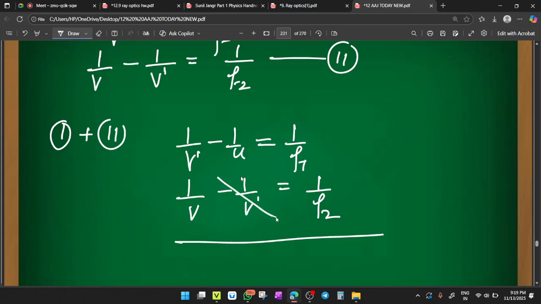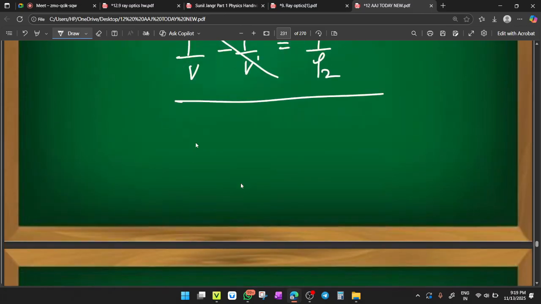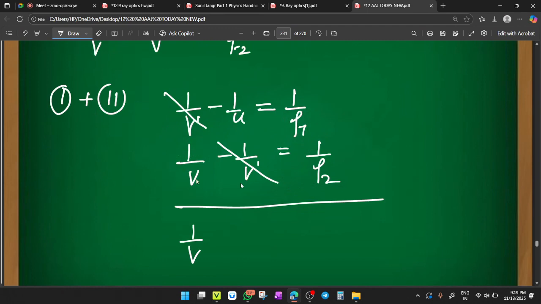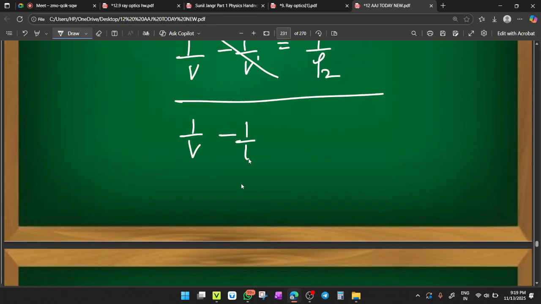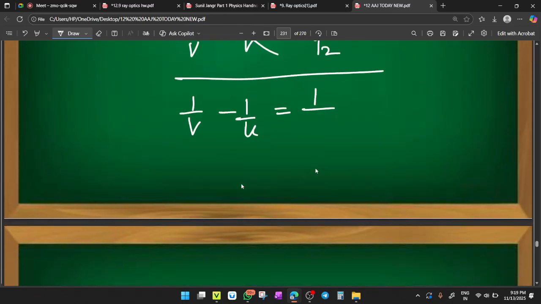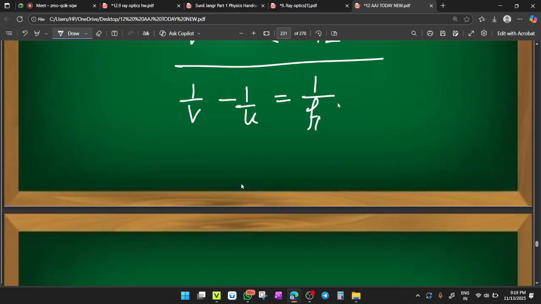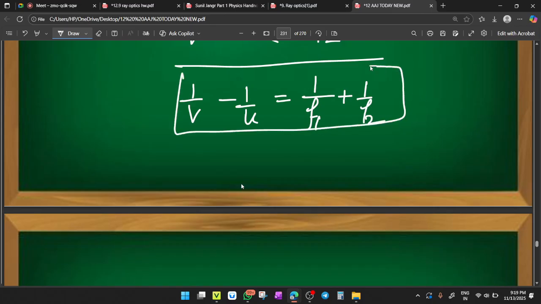So this 1 upon V dash and this get cancelled out, and 1 upon V has the positive sign and 1 upon U is negative. So 1 upon V minus 1 upon U equals 1 upon F1 plus 1 upon F2. Yes, this we have as the relation. You can give it equation number 3.